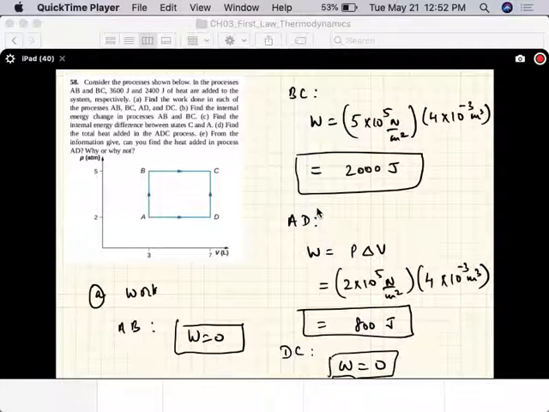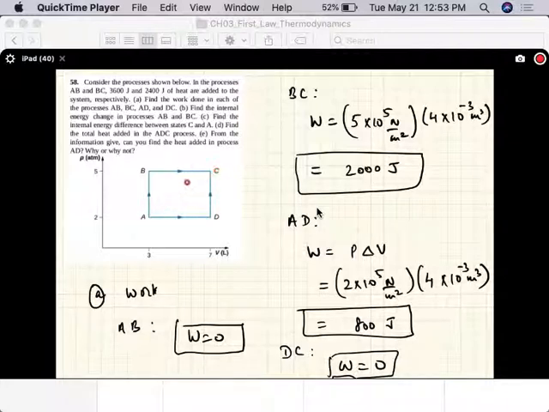Okay, so the point of this problem will be the following. You're going from here to there along 2 different paths. The work done along this path is 2,000 joules. And work done along this path is 800 joules. So the work done along this path is less than the work done along that path.